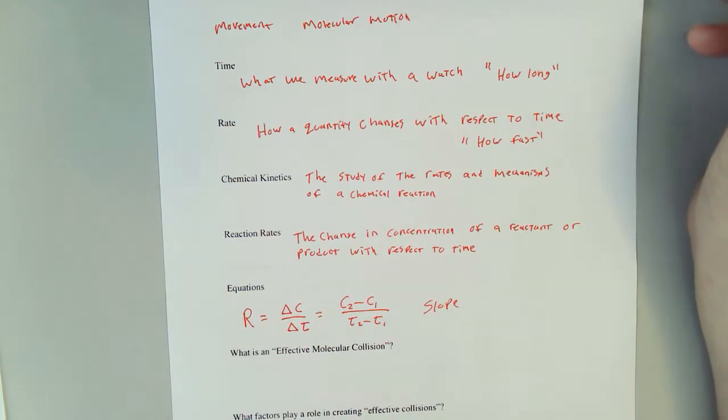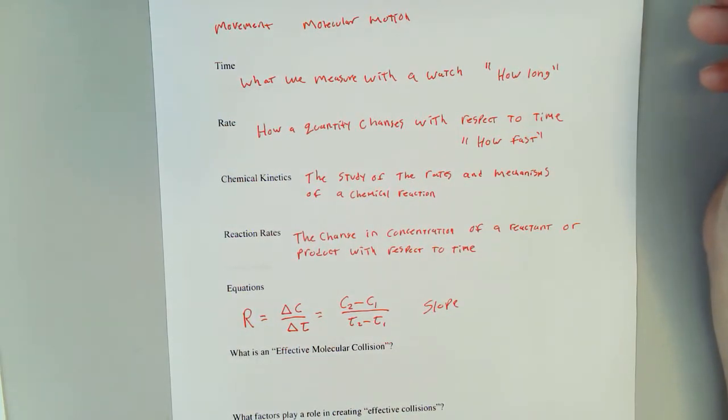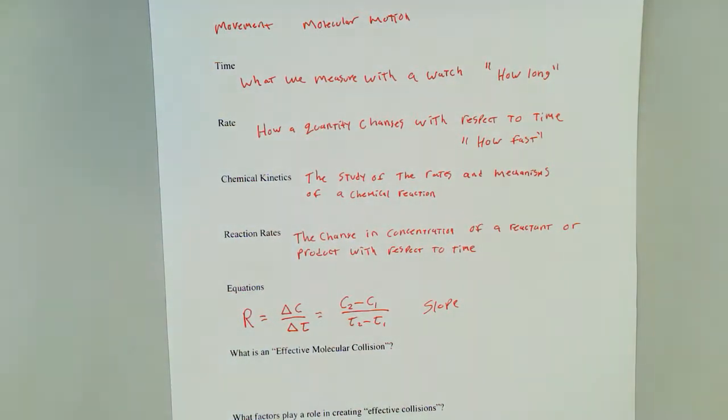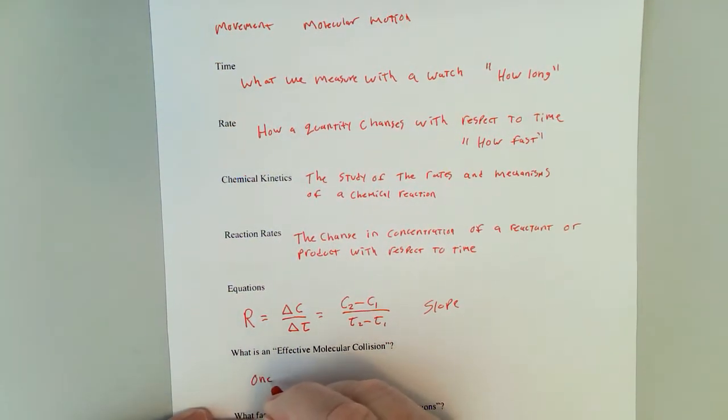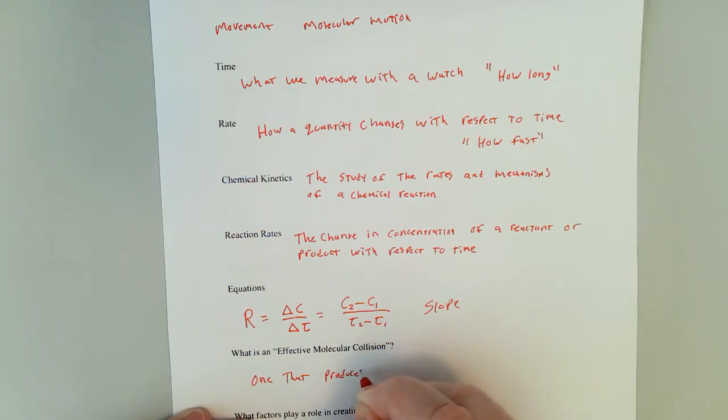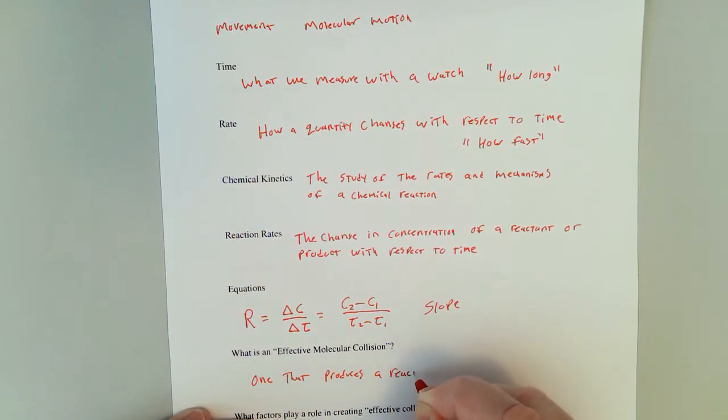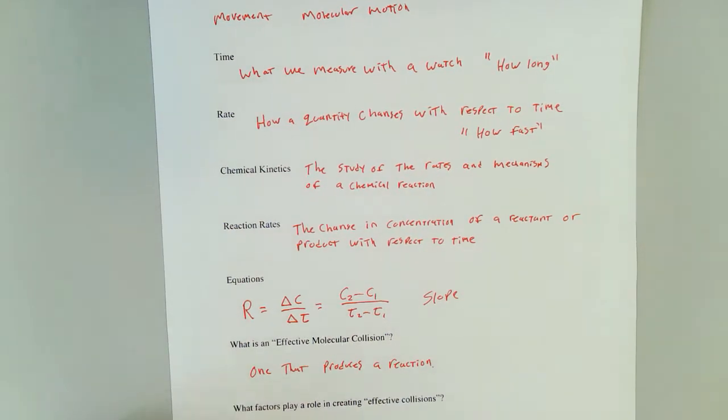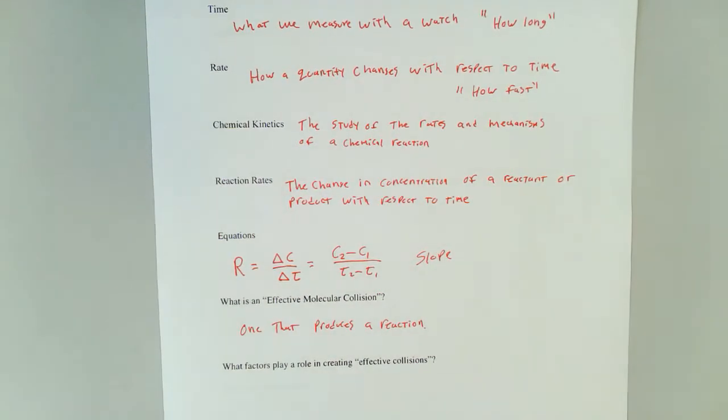So our first mission is, how do we affect reaction rates? We always need to understand that we're talking about what is called an effective molecular collision, and that is one that produces a reaction. So what are the factors that play a role in this? How is it that a reaction occurs because of a collision?